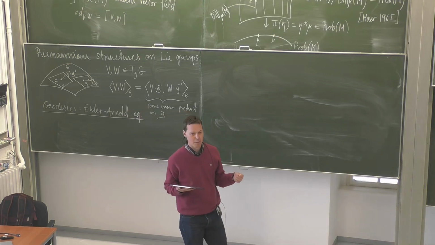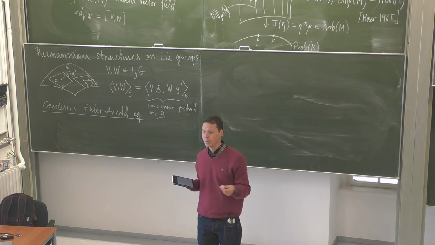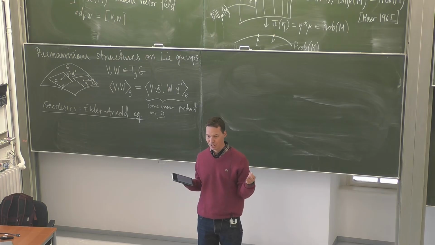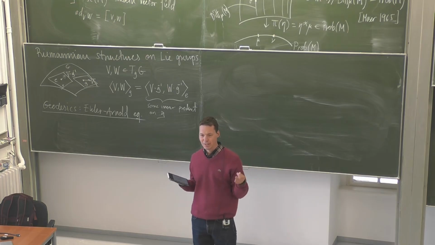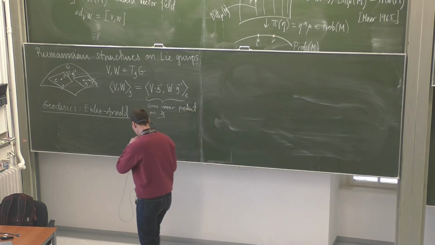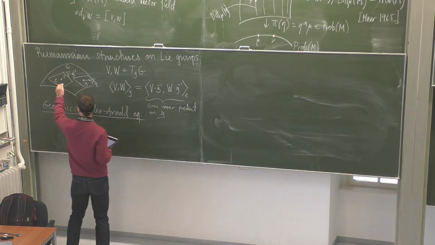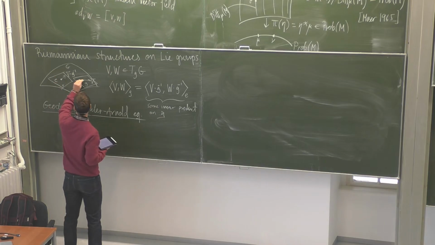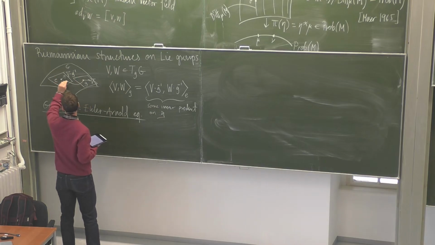Geodesics are described by solutions to the Euler-Lagrange equations for a Lagrangian consisting only of kinetic energy. This kinetic energy is defined then by the metric.